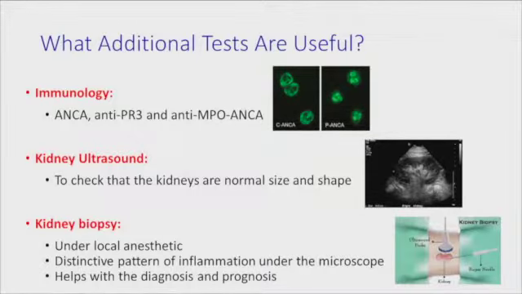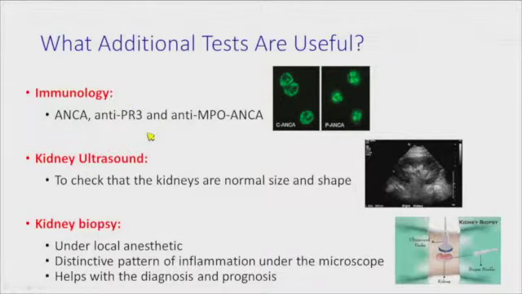So what other additional tests are useful? Apart from the normal CBC and metabolic panel, we also like to check the immunology. The ANCA, either by immunofluorescence, when we differentiate between C-ANCA and P-ANCA depending on the kind of staining that we see by this technique, or the specificities, anti-PR3 and anti-MPO ANCA, give us very important clues for diagnosis and also for prognosis, because in general, PR3 is associated with a higher rate of relapses.